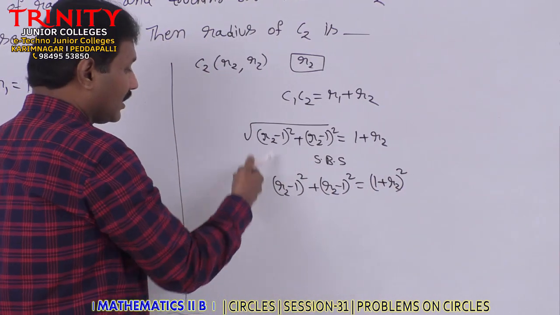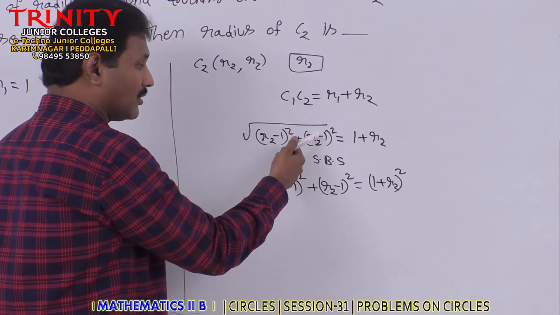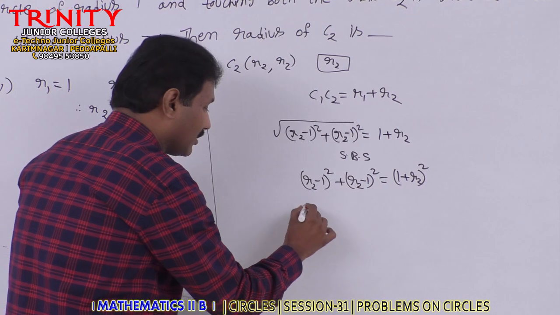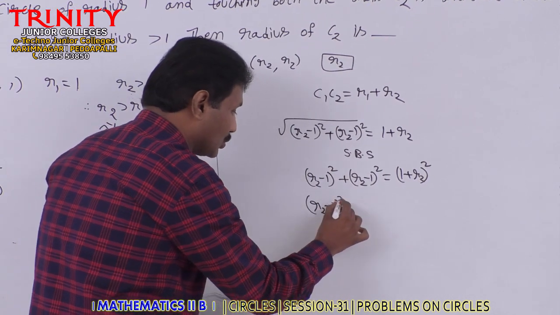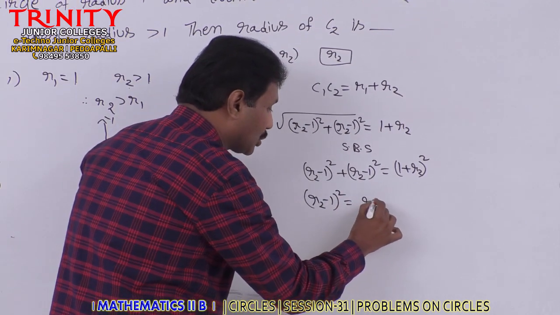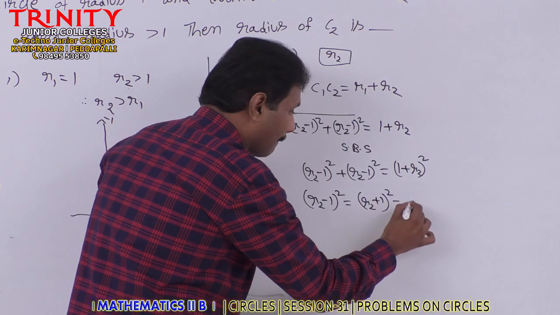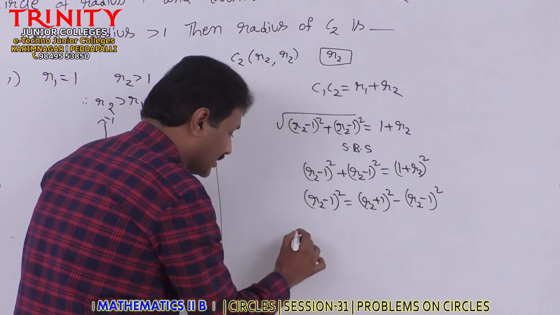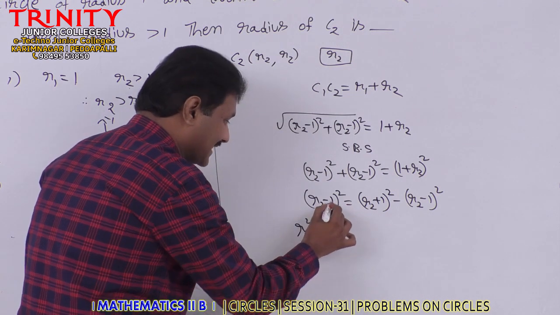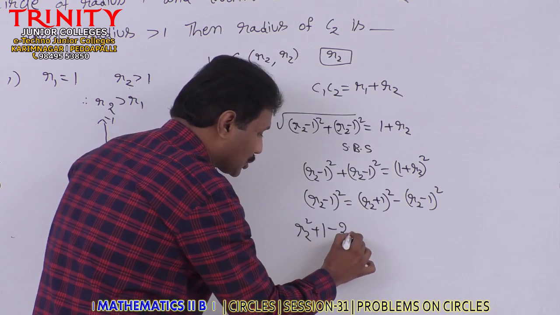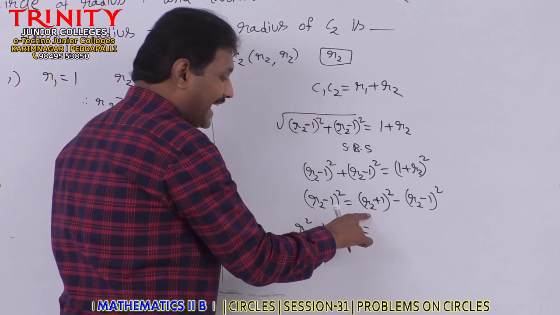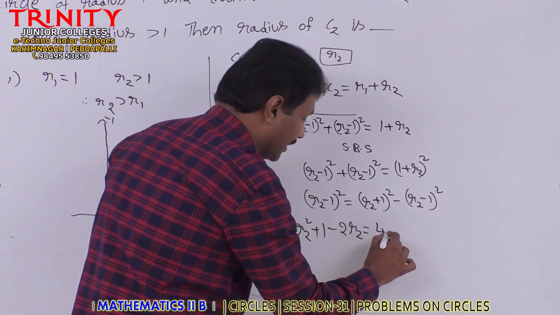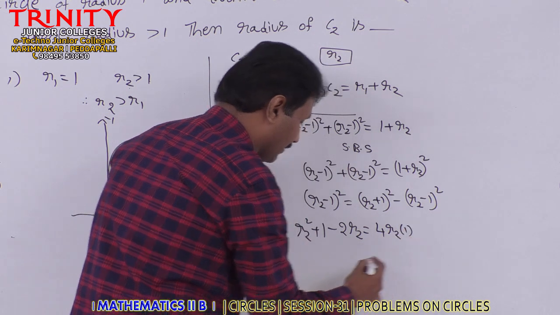The square root cancels. Therefore (R2 minus 1) whole square plus (R2 minus 1) whole square equals (1 plus R2) whole square. That gives (R2 minus 1) whole square equals (R2 plus 1) whole square minus (R2 minus 1) whole square. Using A plus B whole square minus A minus B whole square equals 4AB, we get 4 R2 into 1.